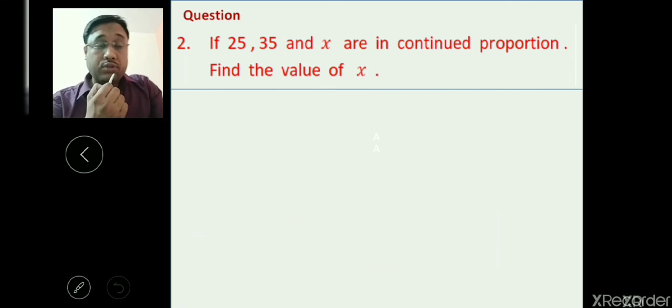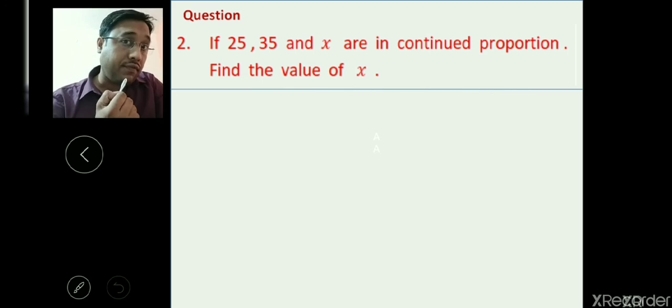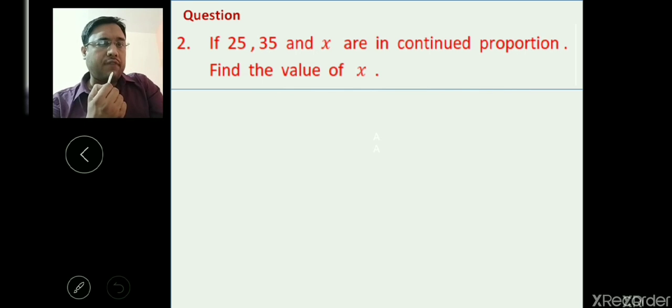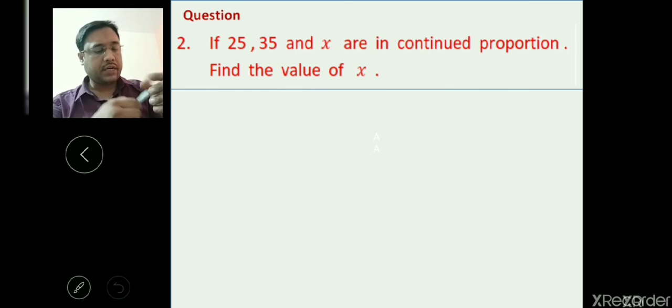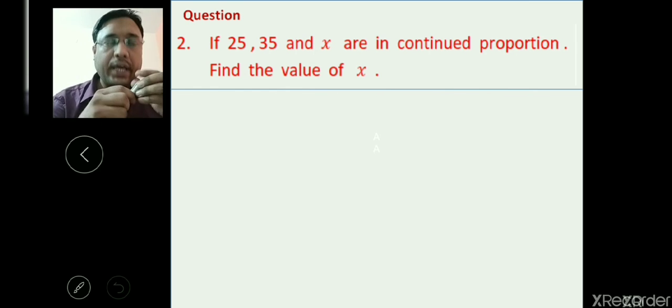Now this question you have to see based on continued proportion only, where we can use this method of continued proportion: if 25, 30, 35 and x are in continued proportion, then find the value of x. That means you have to find the value of x here.